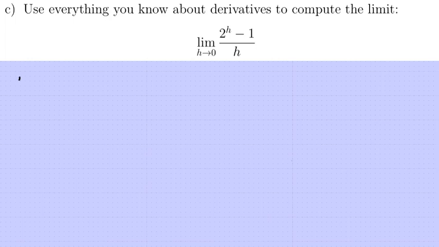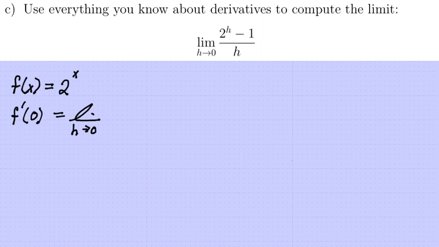So if we let f of x equal 2 to the x, and we try to find f prime of 0, if we just wrote this out using the limit definition of derivatives, this is the limit as h goes to 0 of f of x plus h minus f of x all over h.